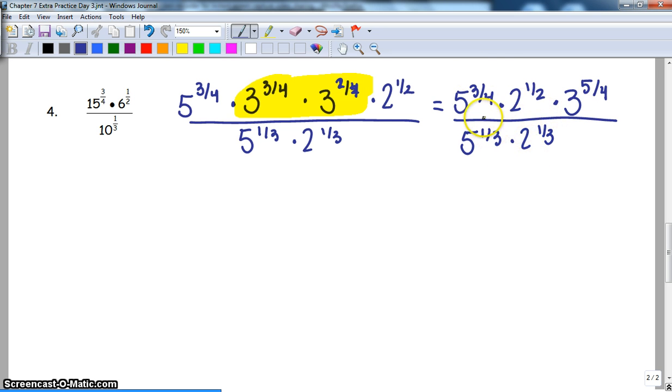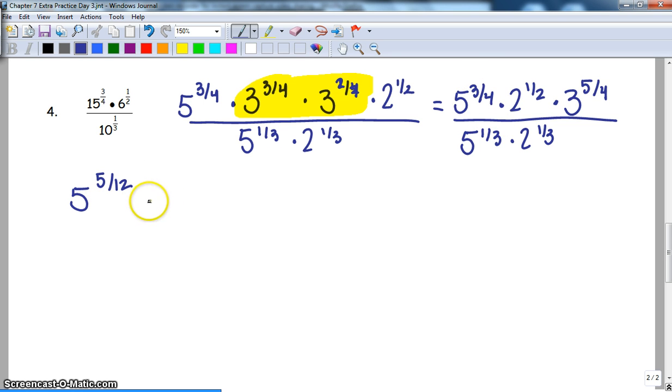Now, this 5 and this 2, these are not on the same level, so we will have to subtract our exponents. Oops, we won't need division anymore. 3/4 minus 1/3. Let's do our common denominator there. And we should get 5/12, I want to say. Okay.